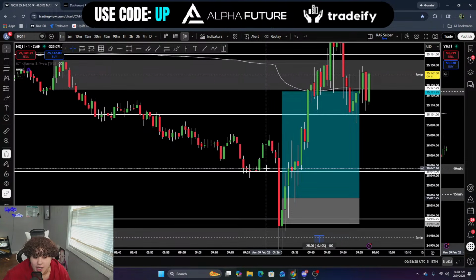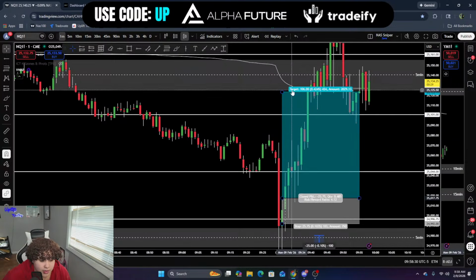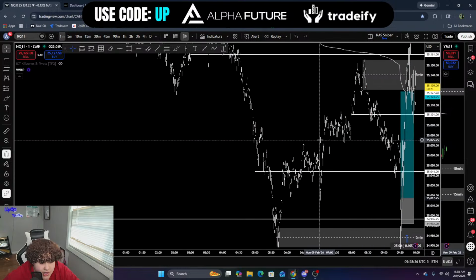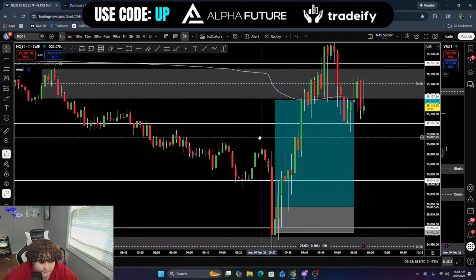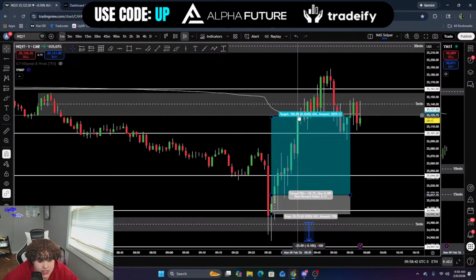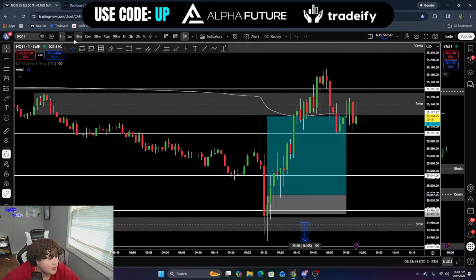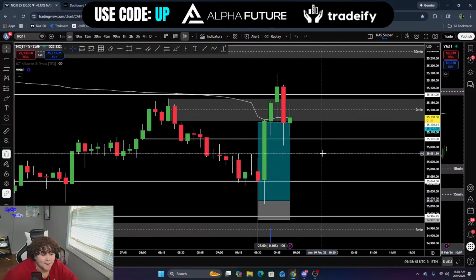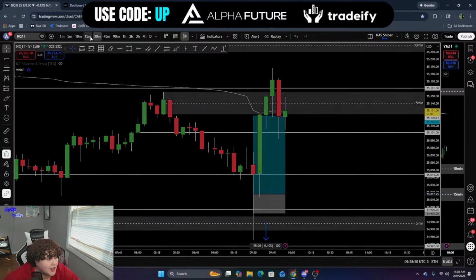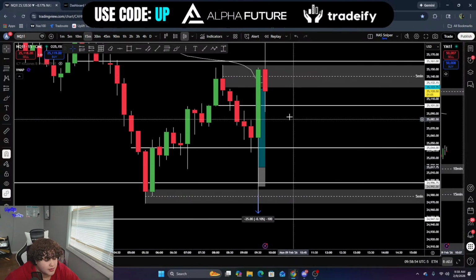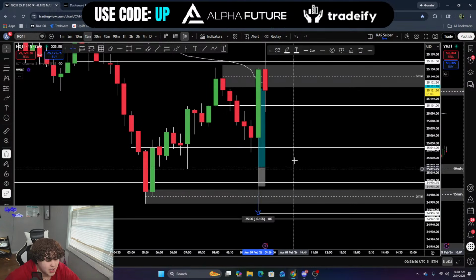And I said I would target VWAP because that would be me betting that the market is going to go back inside of this range. And then I said, if it stays at VWAP, it's going to be choppy. And it's choppy right now, or it looks choppy. Let's look at the 15-minute range. I want to see how big it is.